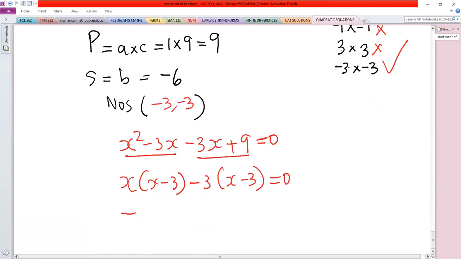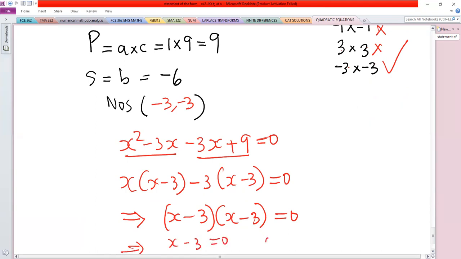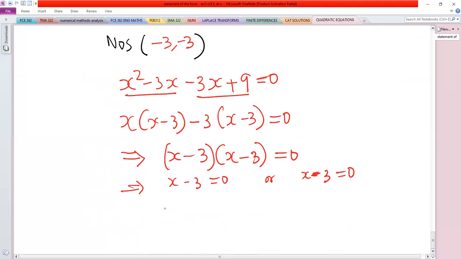So this implies that x minus 3 times another x minus 3 is equal to 0. Which means x minus 3 is 0, or just x minus 3 is also 0. Which means x equals 3 or x equals 3.